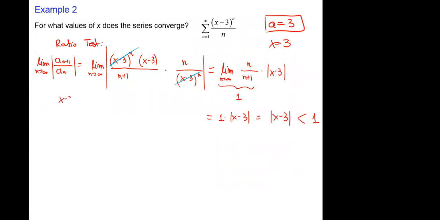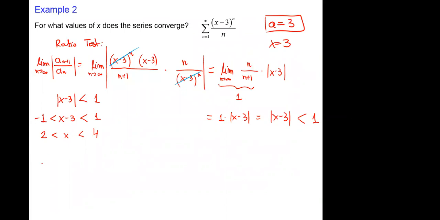I will copy this inequality, absolute value of x minus 3 less than 1. In order to solve this, I will rewrite without the absolute value. It means this quantity must be less than 1 and greater than -1. And then I will add 3 to both sides. This will be 4, and this will be 2.